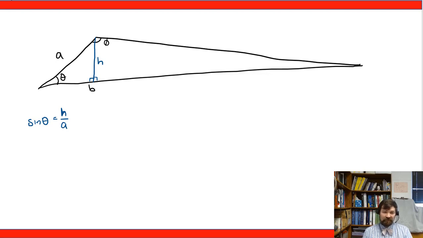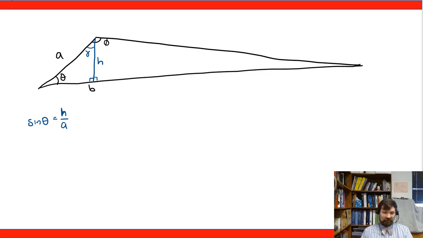Okay, so now you've solved for h. Then, since you have h, you can now figure out some sides on the inside. So maybe, for example, you want to figure out what this angle right here is, gamma.